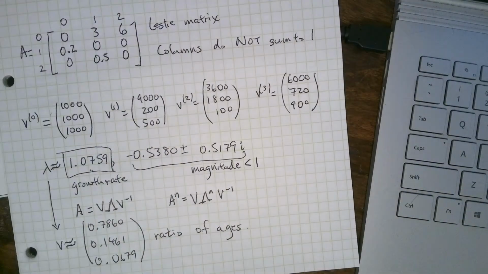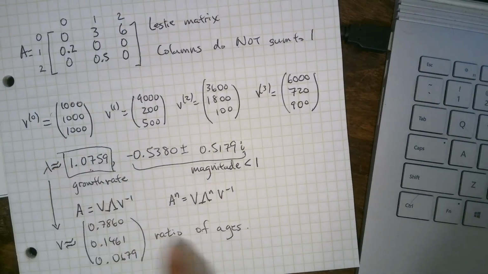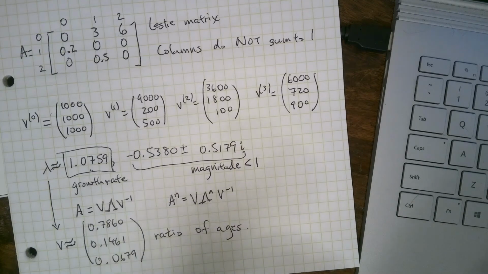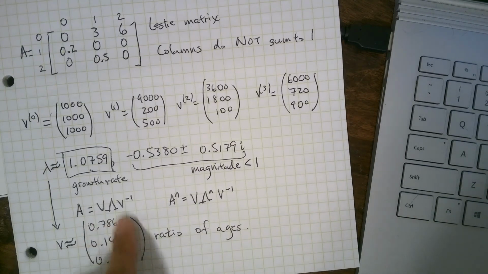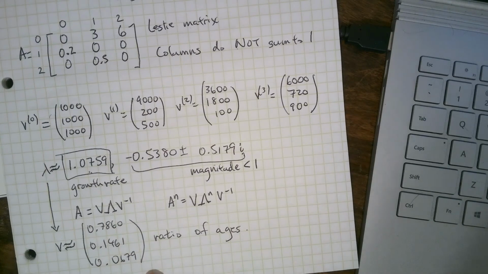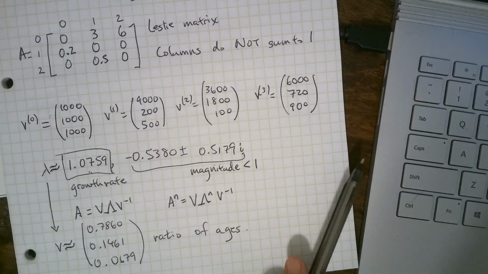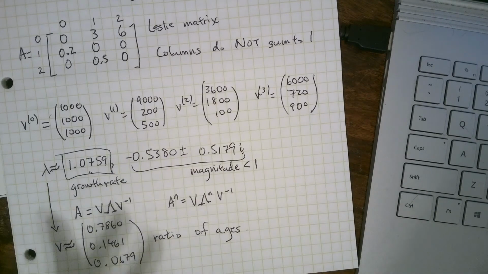So since the population is growing, there's never a steady state with exact numbers, but there will be a steady state of ratios of the ages. And it'll meander a little bit before it gets close to this, but eventually it will. So that's pretty similar to Markov chain, but we use what we call a Leslie matrix.